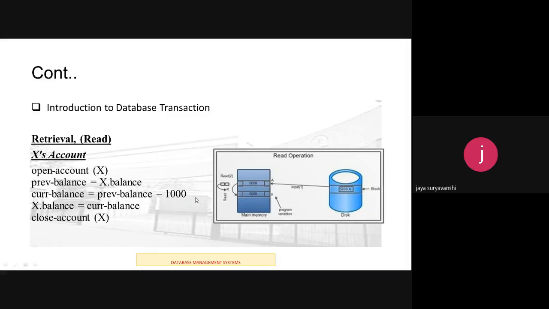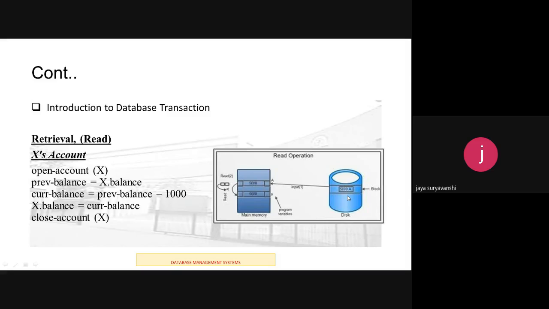Suppose we are executing the statement read(a). This reads the data a from your stored database, as shown in the figure, where a is a variable and inside it we are storing the data 5000. In this statement, the value of a is read into the local buffer in the main memory.